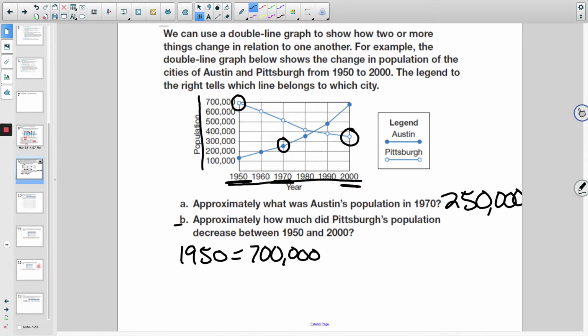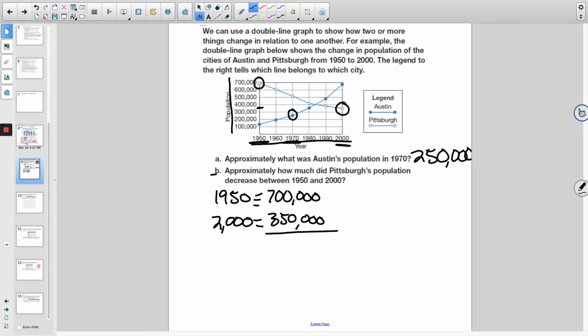And in 2000, it looks like they're sitting at about right here, maybe 350,000. So for the difference you would just subtract. Cross off, that becomes a 6. That becomes a 10. So 350,000 would be the change in the population.